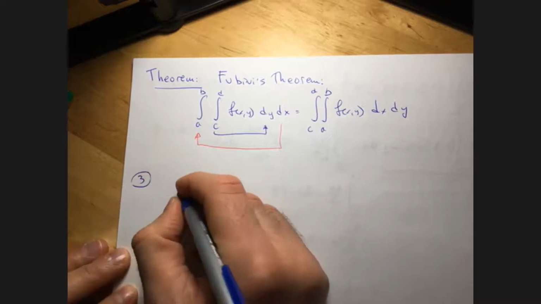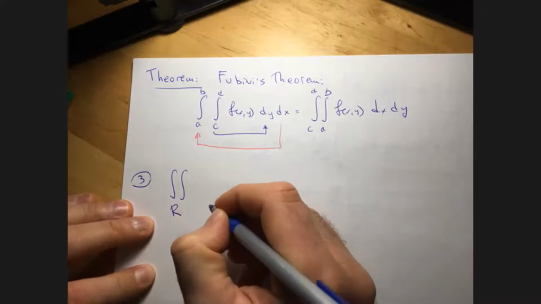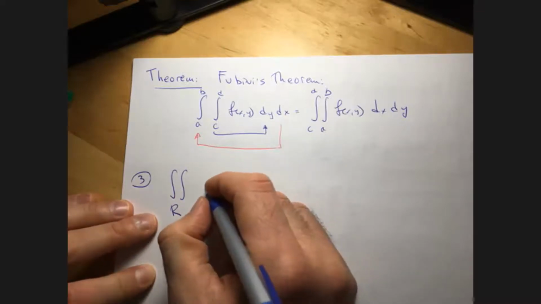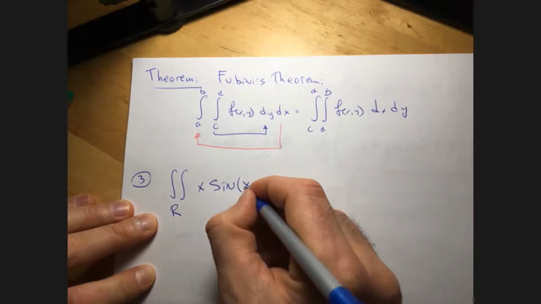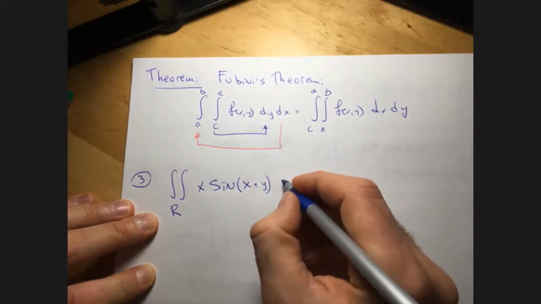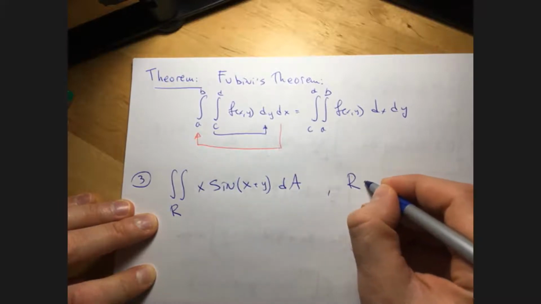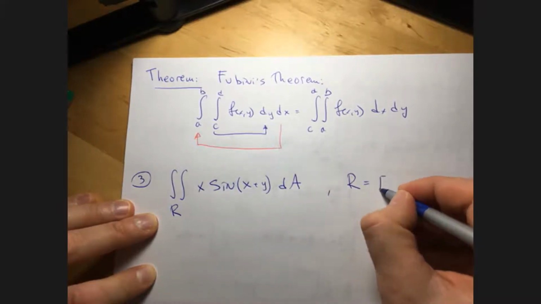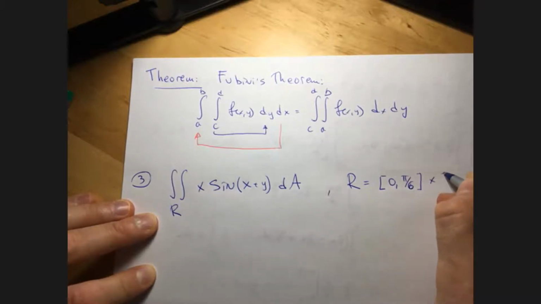Example 3, the double integral over the region R of x times sine of x plus y dA, where the rectangular region is defined as 0 to pi over 6 and 0 to pi over 3.